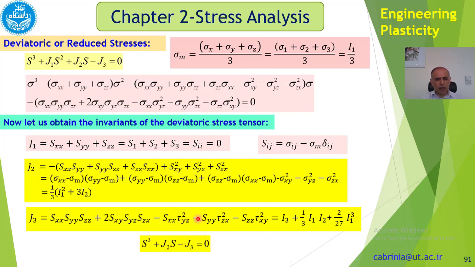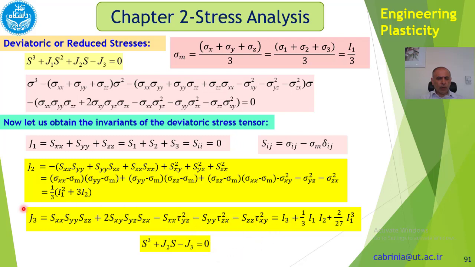It's the same thing as Syz, the same thing as sigma yz, and the same thing as tau yz. Okay, so I have used different notations in different equations so that you get used to it, and you would understand that these are the same.